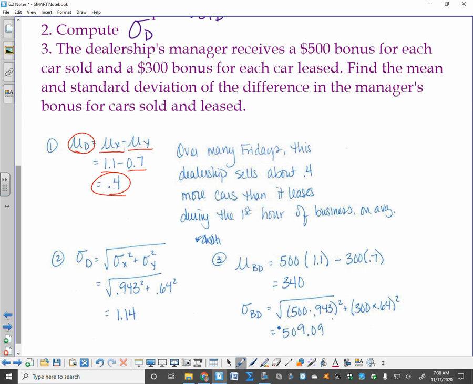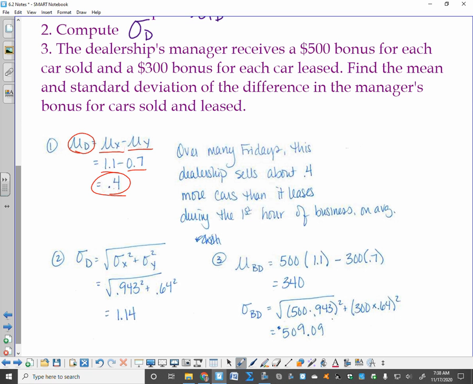All right, standard deviation of the difference is the square root of the variances added together. So standard deviation of cars sold, 0.943 squared, plus, even though this is a difference, 0.64, which is the standard deviation of the cars leased, squared.